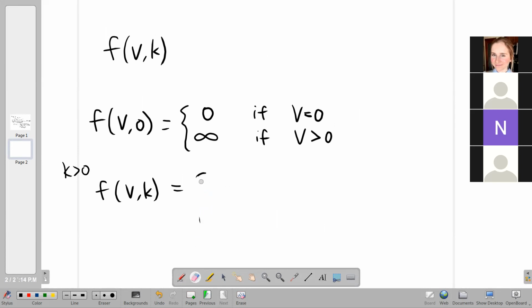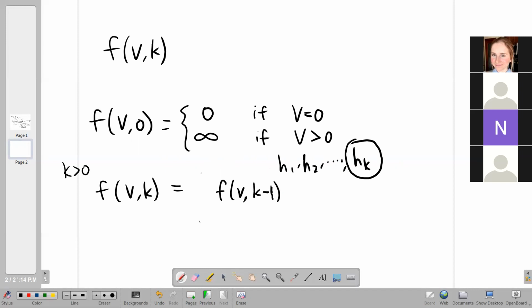Let me put it this way. If I'm allowed to use H1, H2, up to HK, then I can either buy the last package or don't buy the last package. If I don't buy the last package, then I need to make the same number of hot dogs with the K minus 1 packages as before.